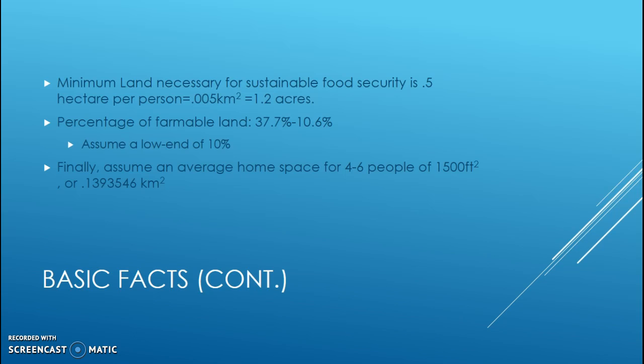However, for the purpose of this video, we're going to assume a low end of 10% of total land on planet Earth as being farmable. And finally, we're going to assume an average home space for 4 to 6 people, primarily 4 people, to be about 1,500 square feet, or approximately 0.1393546 square kilometers.